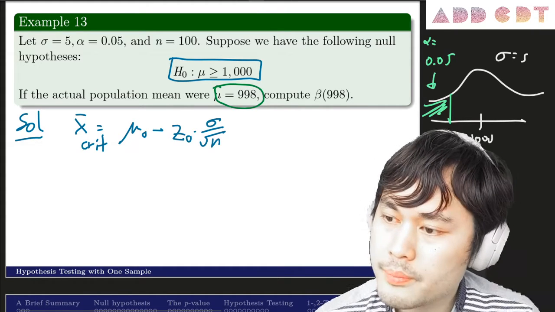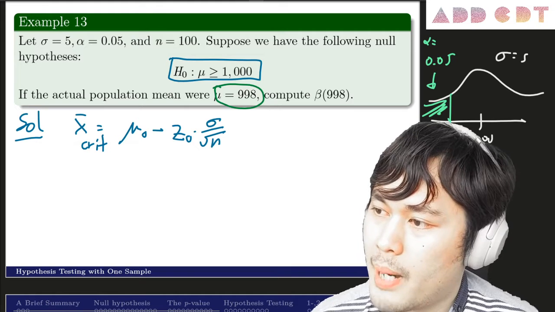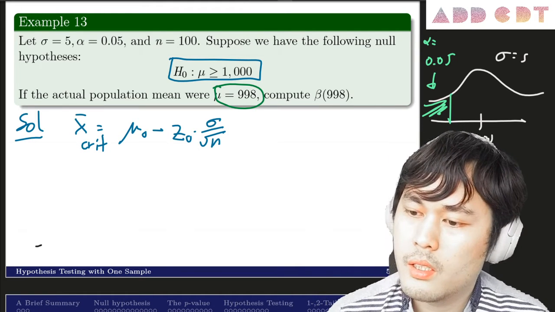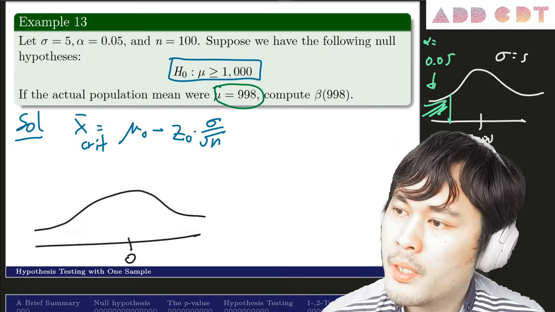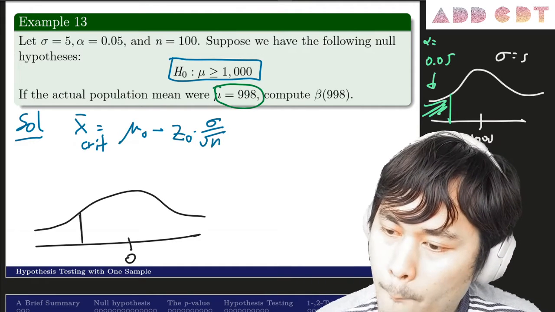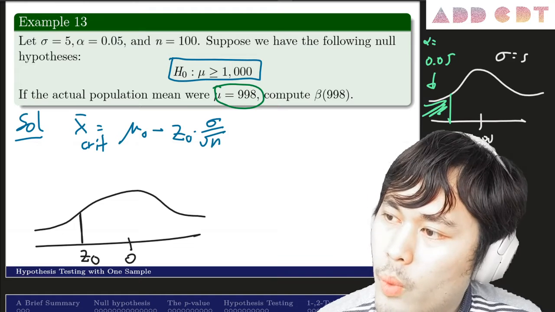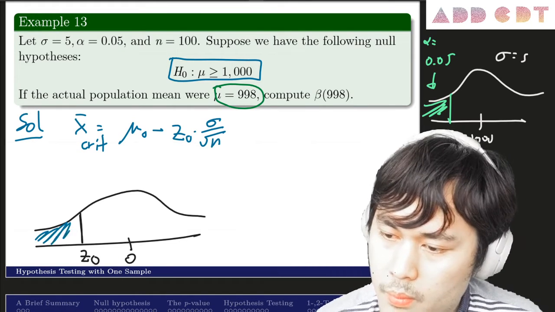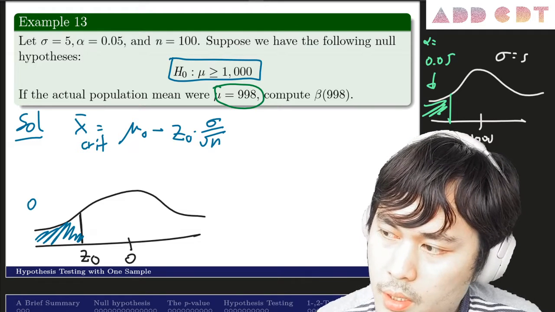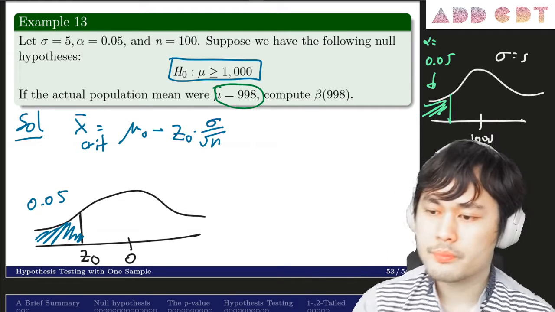What is z0? z0 is the point on the standard normal curve where the area to the left of that is 0.05.